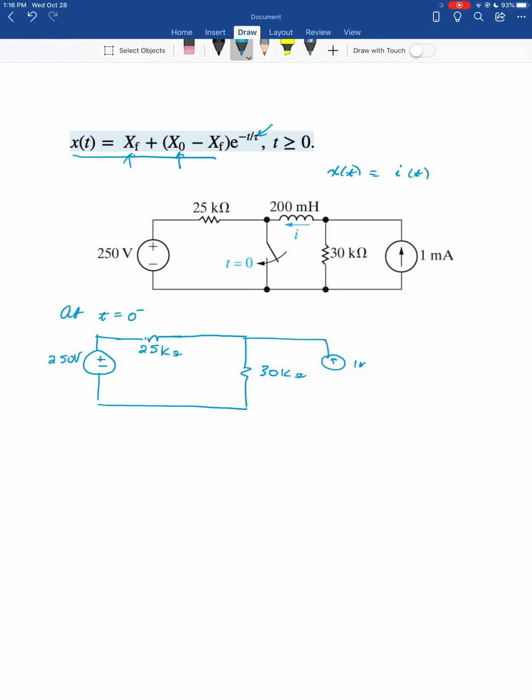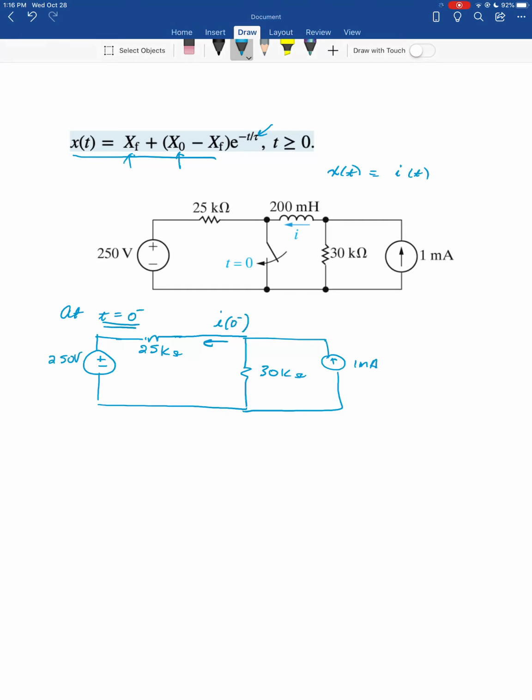Here's my 30 kilo ohms, and here's my 1 milliamp. The switch was open, so it's not really relevant to the circuit. So here's my current I. So this is what the circuit looks like for t less than 0.